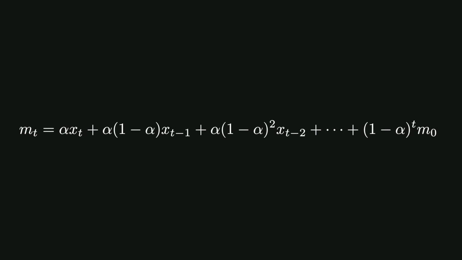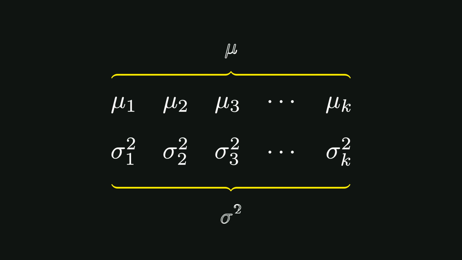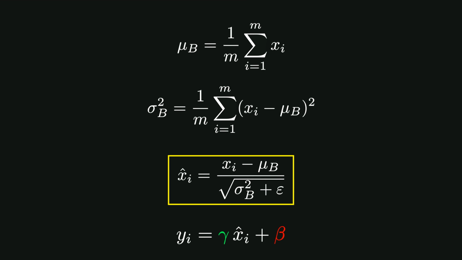And if we expand it out, you can clearly see that the older values fade away because they are multiplied by powers of the decay fraction repeatedly, while the most recent values stay strong. Using this, a running value for the mean and the variance is stored during training. And during testing, that stored value is simply plugged into the normalization equation. So that's how batch norm works.